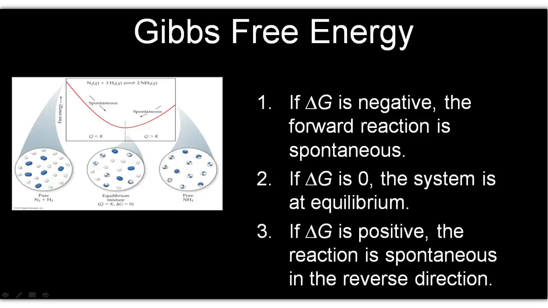So, for example, if it's spontaneous in the forward direction, it's non-spontaneous in the reverse. But either one is going to work until eventually you get yourself to equilibrium. And at equilibrium, the delta G, or the Gibbs free energy value, is going to be 0.